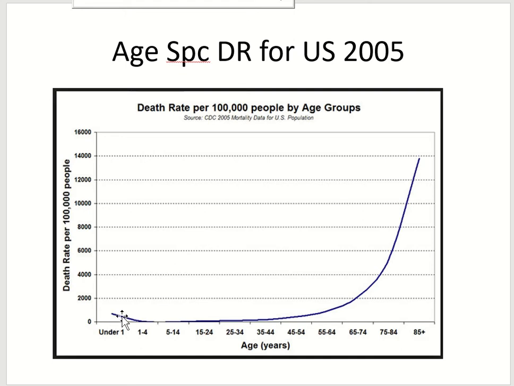Then the risk of death decreases, flattens out, and then picks up as people get older and older, and it goes very high towards the age of 75 and up. So again, the idea here is to show the U shape. What we're looking at is death rate per 100,000, and this is why you're seeing values like 2,000, 4,000. If you turn it into 1,000, so take out two zeros, you will see totally different values, but the shape will remain.